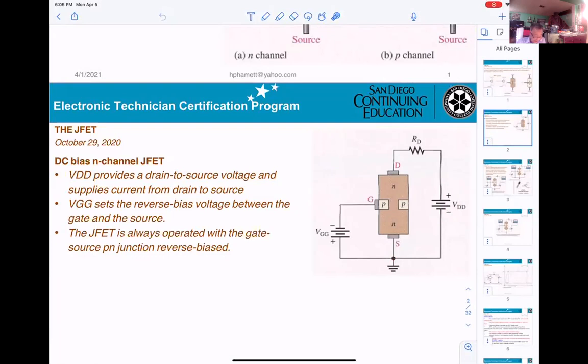VGG sets the reverse bias voltage between the gate and the source. This is the gate and this is the source right here. JFET always operates with the gate source PN junction reverse biased. That means the diode will be reverse biased.